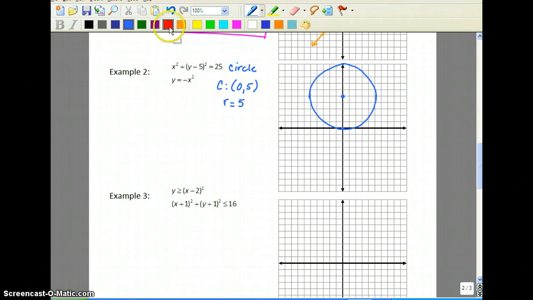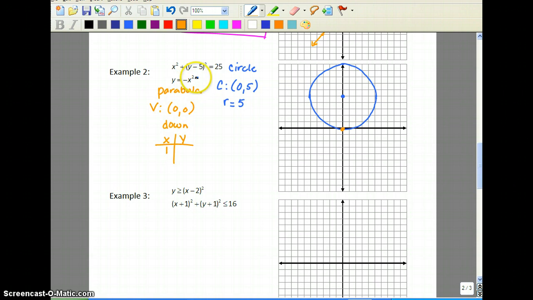Alright, second part here is an x squared. One of the letters is squared. That's a parabola. Okay, what's the vertex of the parabola? Well, it doesn't move up or down or left or right, so it must be 0, 0. Okay, well if that's the vertex, you know one of your answers has to be 0, 0. We also know that this parabola goes down because it's negative. So we make a little chart, plug a number in. We're going to plug 1 in.